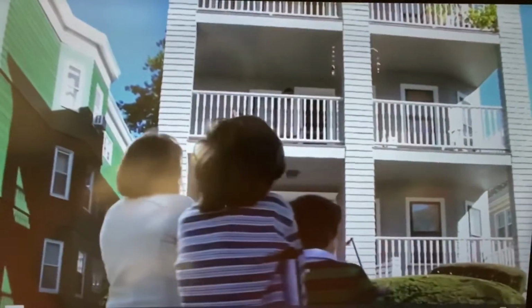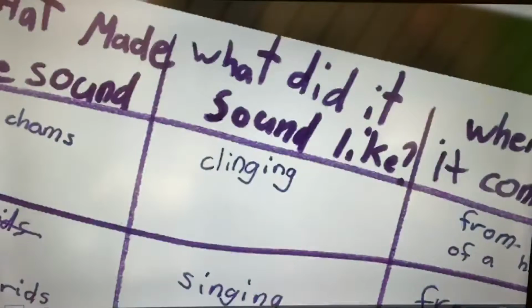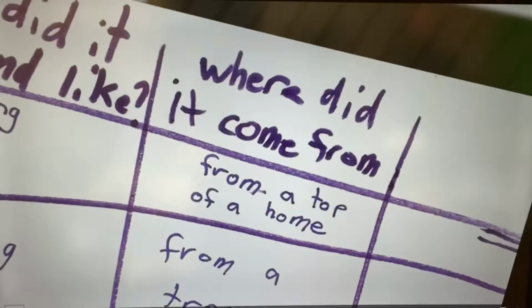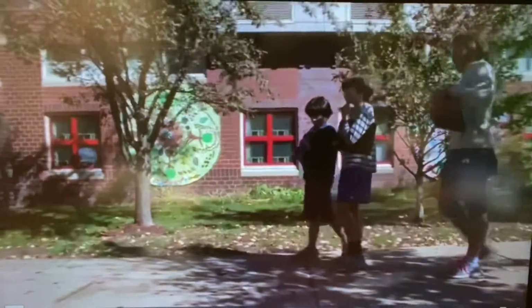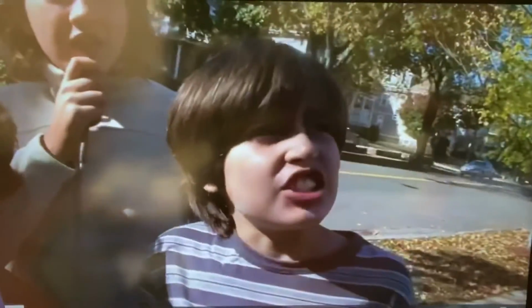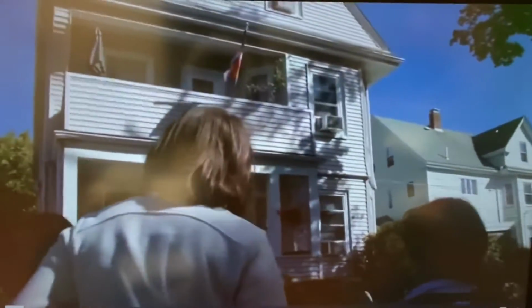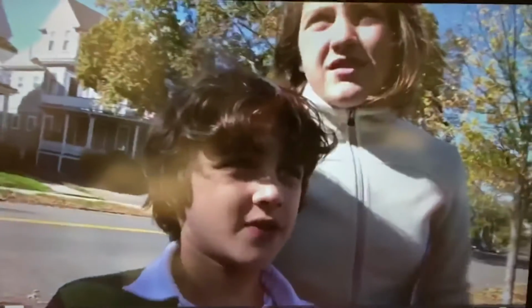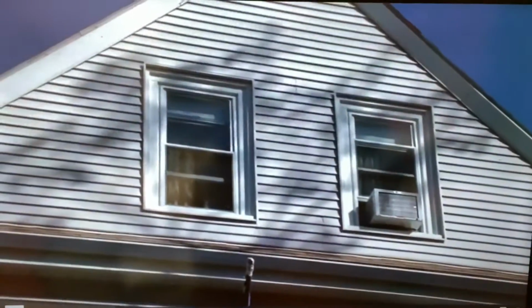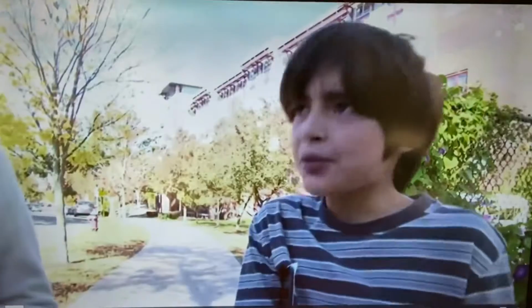So what made the sound was wind chimes. What did it sound like? Clinging. Where did it come from? From the top of a home. I hear some music. Yeah, the music is coming from that place. Oh, that's the Robbins' house. It's jazzy. I think he's playing a saxophone or something. I think it's coming from the 3rd floor. I think we should ring the doorbell.